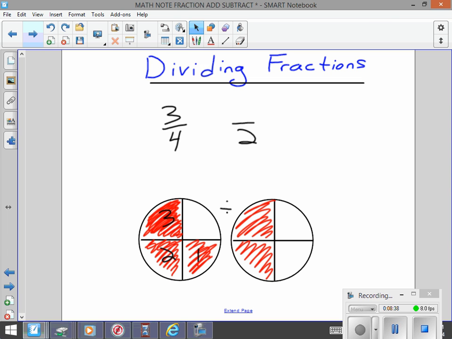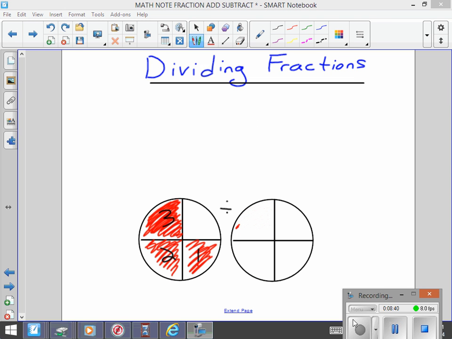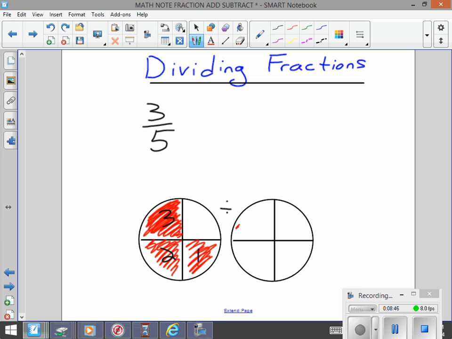Oh, wait. Okay, never mind that one. Let's try a different one. Let's say we had 3/5 divided by 2/3. Now 5 cannot evenly be divided by 3. Okay, those aren't going to work. And 3 can't be divided by 2 evenly. You'll get decimals and it's going to get really messy and it's just going to be very hard to work with.